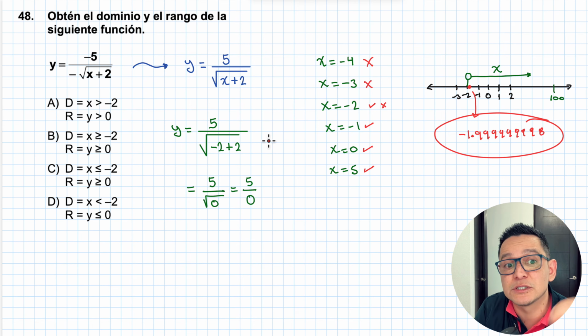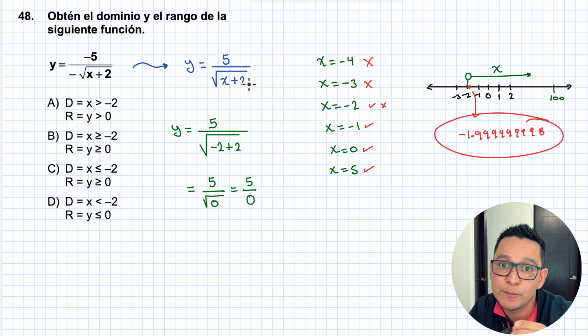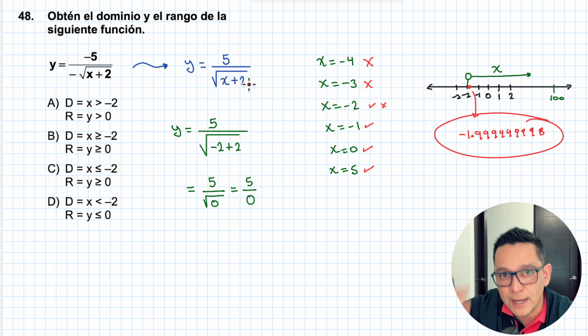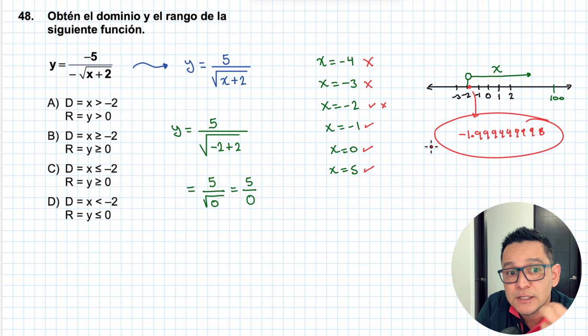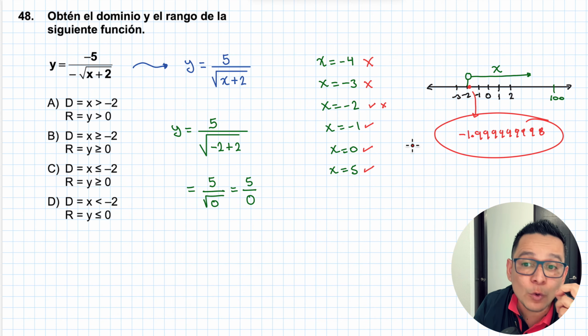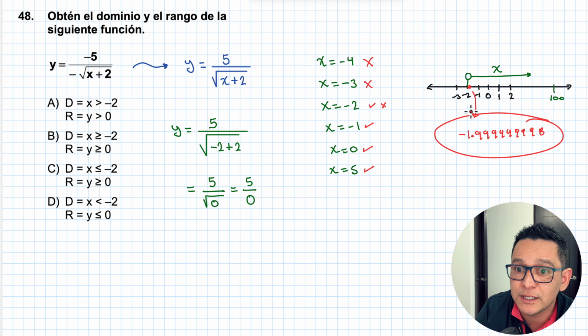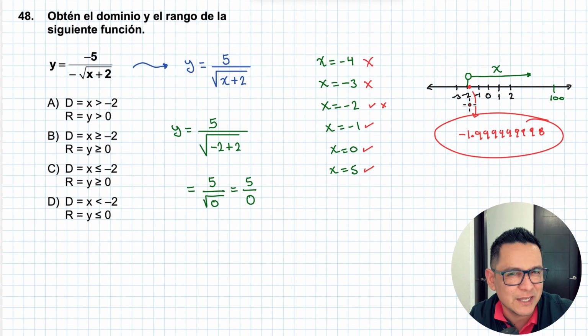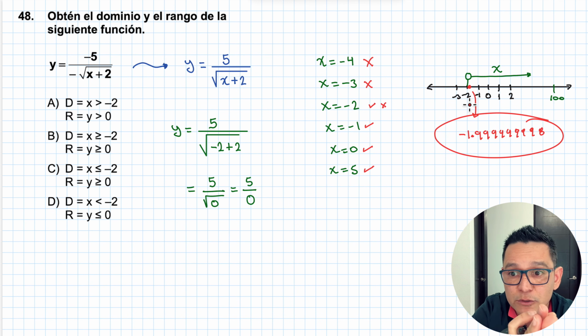So we would have the square root of that, and finally, 5 divided by that square root. So as you can see, when x is this value, we can plug it directly into the function. But when x is exactly equal to -2, we can't plug it in. I can get as close as I want to -2, but without actually taking it. That's exactly the idea. That's why I'm saying it starts from -2, but goes up to infinity.